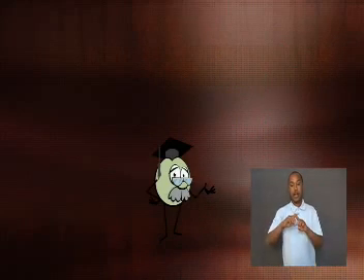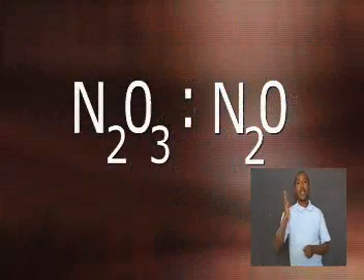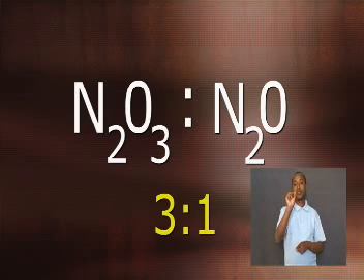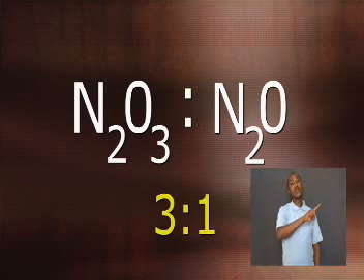Time's up. Let's get back to our lesson. Welcome back, students. How did you do this time? If you came up with the answer 3 to 1, you are correct.